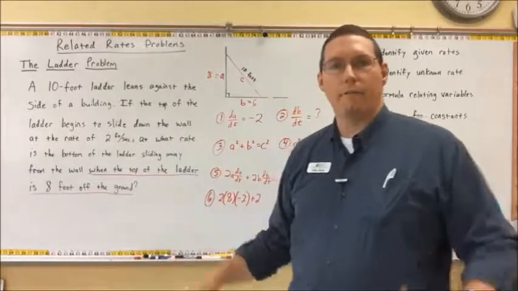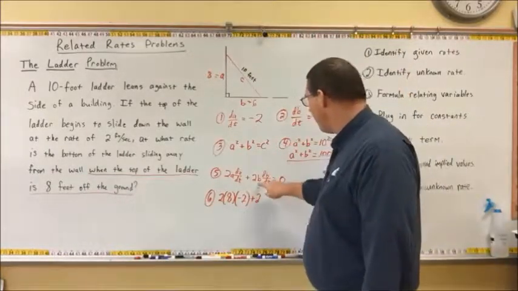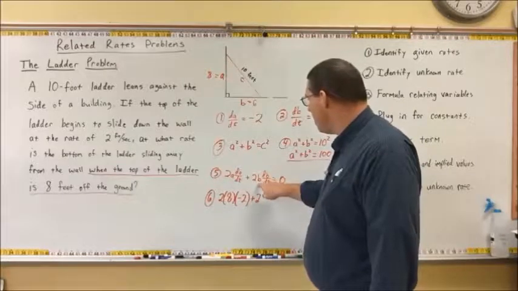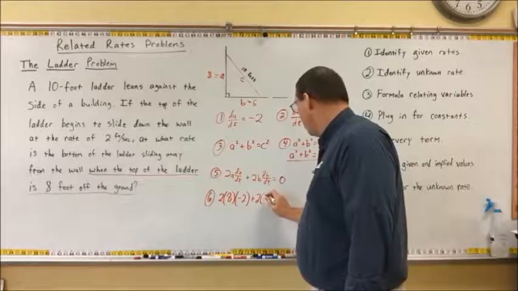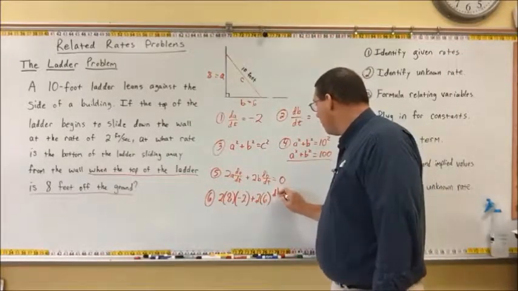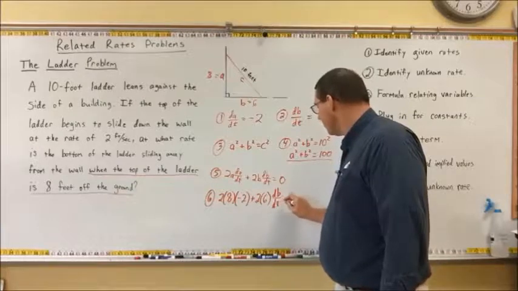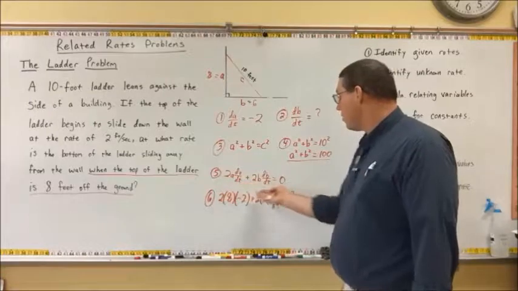And you might have to use the Pythagorean theorem to find that. But basically, we're using the Pythagorean theorem to find the length of B when A has a length of 8. So we're going to put a 6 in here for B. And then we're solving for dB dt. And then this equals 0. So this is step 6.